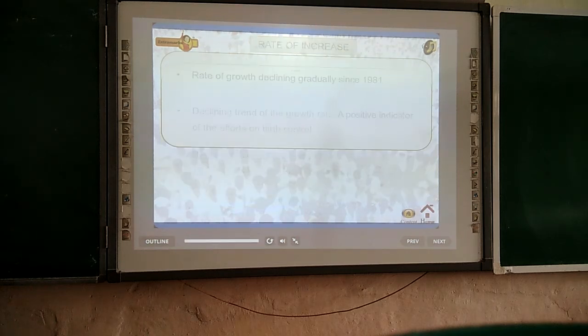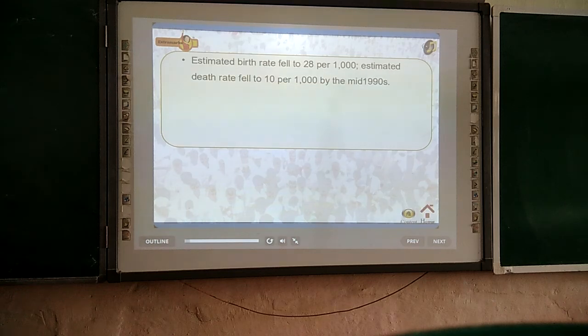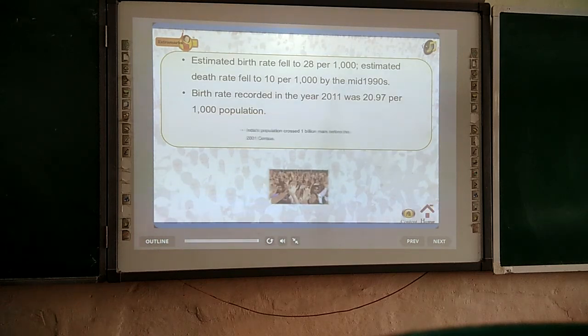Estimated birth rate fell to per 1,000. Estimated death rate fell to 10 per 1,000 by the mid-1990s. Birth rate recorded in the year 2011 was 20.97 per 1,000 population.